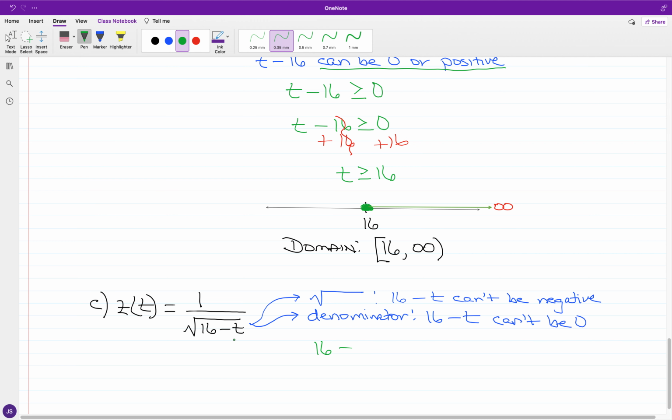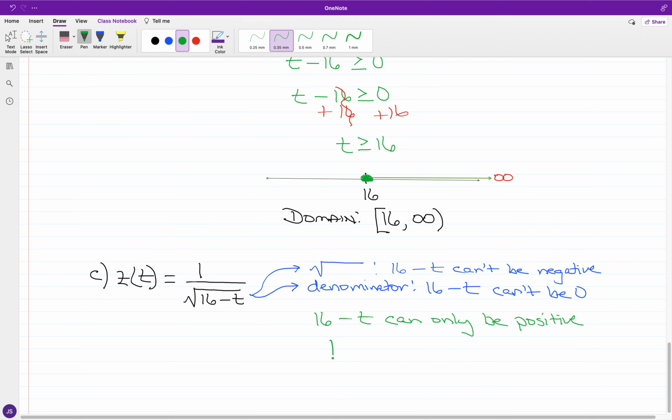You can have a positive number in the denominator and the square root of a positive number. So 16 minus t can only be positive. Taking what we have for the restriction, 16 minus t is no longer allowed to equal 0. Positive means it's greater than 0, so this is going to be our inequality setup.